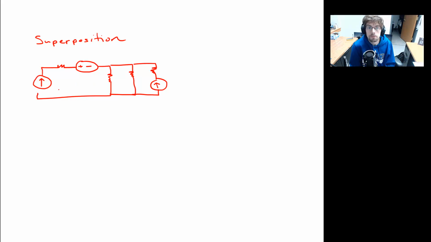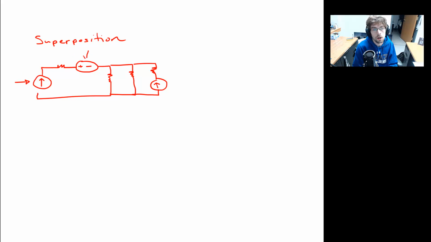Now, what the superposition allows us to do is to consider the contribution of one independent supply while ignoring the contributions of the others. So you could imagine, okay, this circuit with only the current supply that I've indicated, and you go through and you do your analysis. Then you say, okay, I've done it for that one.